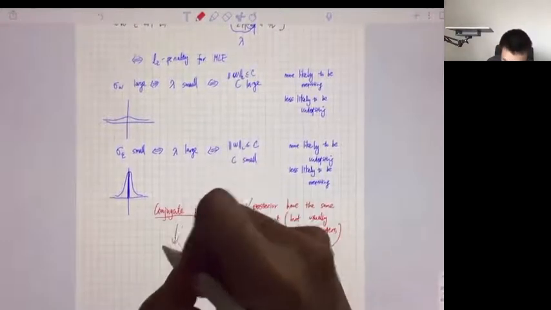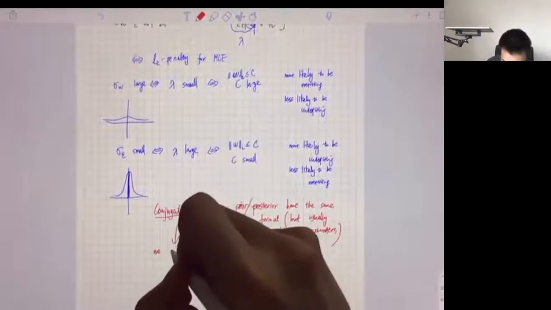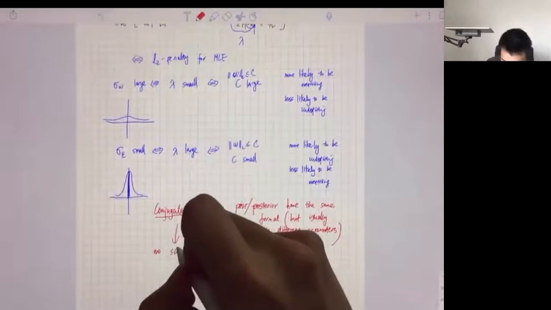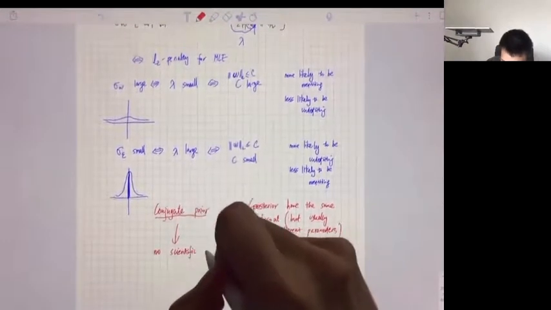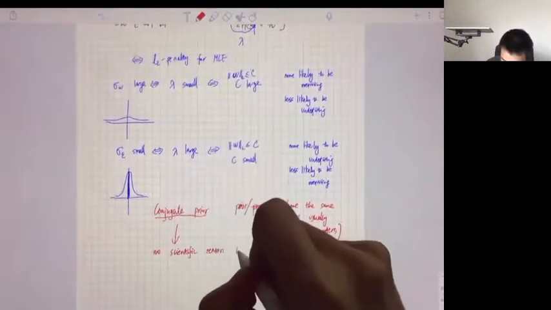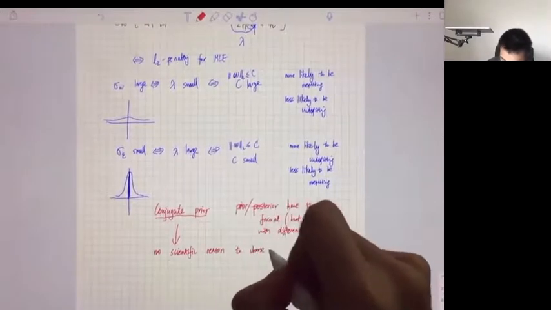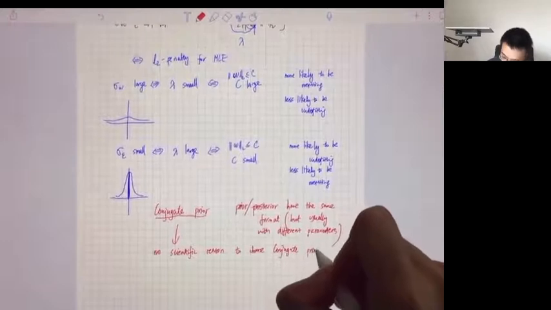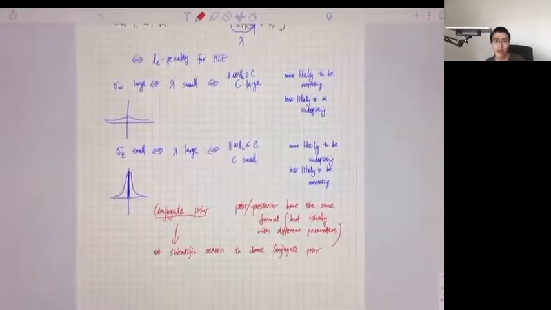And there's no mathematical reason, no scientific reason to choose the conjugate prior. It's not that if my likelihood is Gaussian, then my prior distribution of my weights is more likely to be a Gaussian.